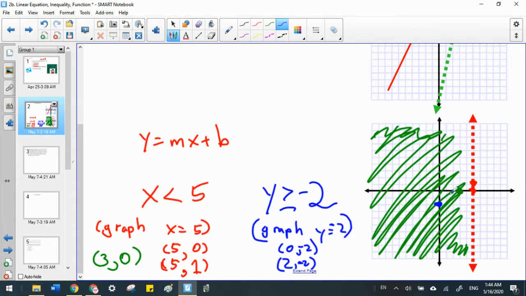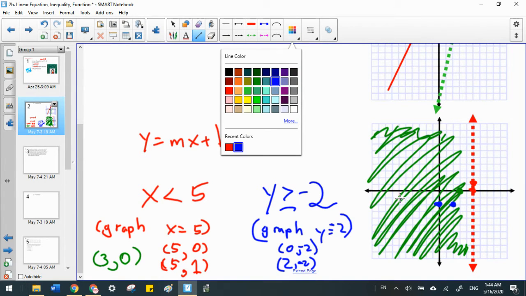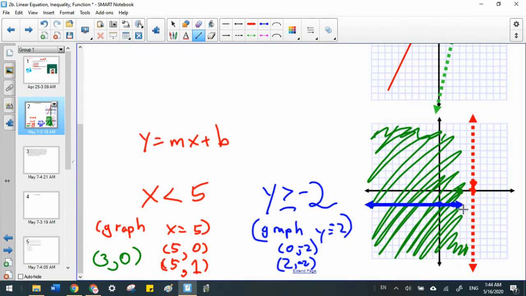So then we have one point here and one point over here, and quickly enough, we notice that this is supposed to be a horizontal line. And y has to be greater than or equal to -2, so we can just pick a point where the y value is bigger than that.